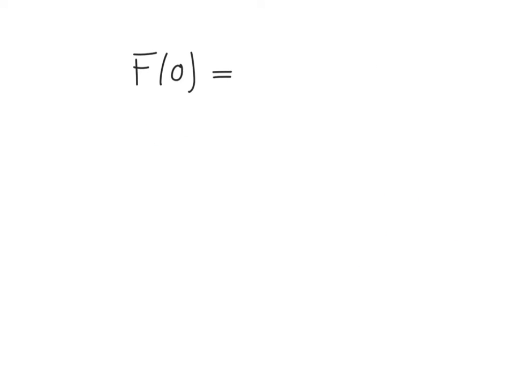So while the antiderivative is only determined up to an additive constant, if I give you some additional information about the antiderivative that I'm looking for, usually in the form of a single value of the function, and usually at 0. So if I give you the value F of 0, let's say in our example F of 0 is 3.